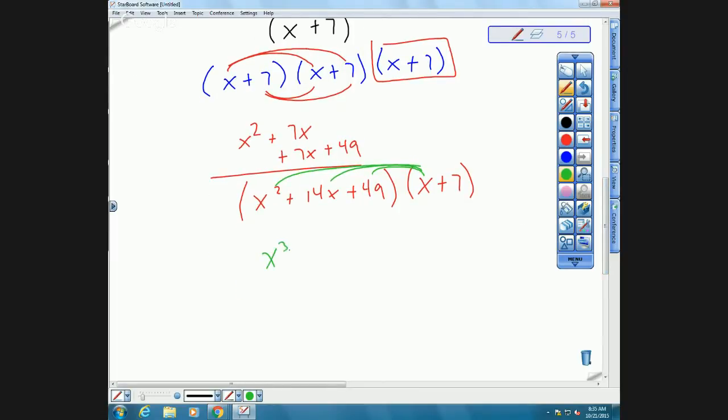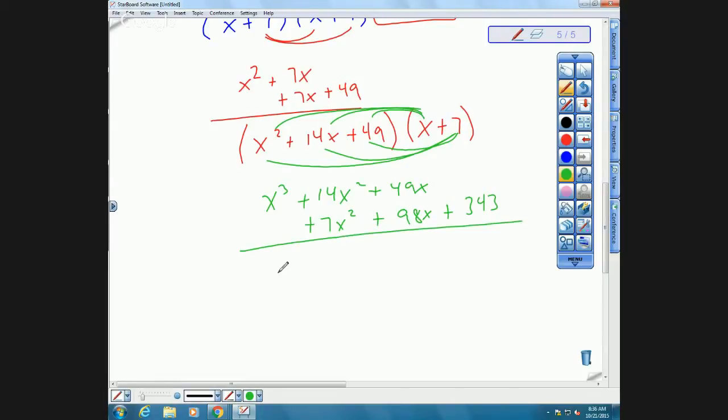So I get x cubed plus 14x squared plus 49x. And then the 7 times all 3 of these. So 7 times x squared would be 7x squared. 7 times 14x would be 98. 7 times 49 would be 343.